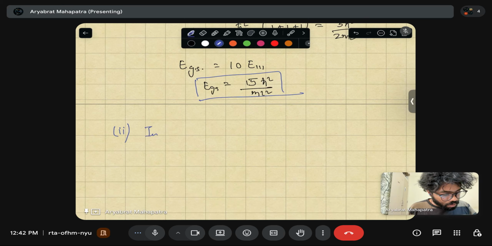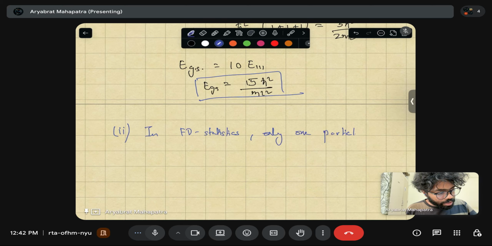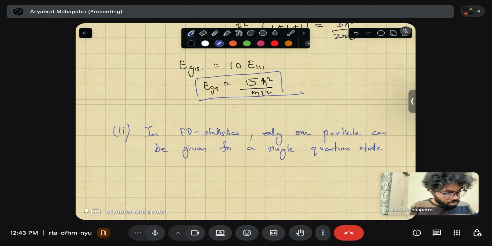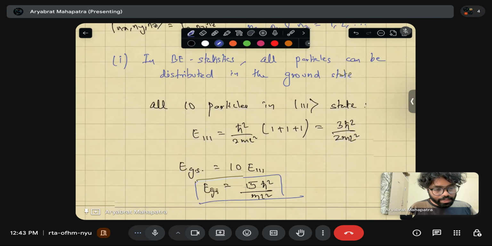So in Fermi-Dirac statistics, only one particle can be given to a single quantum state, meaning two particles cannot attain a quantum state having all the quantum numbers the same. Here the quantum numbers are nx, ny, and nz.